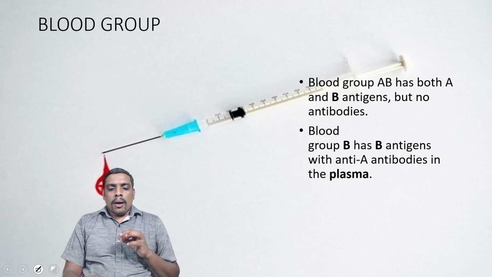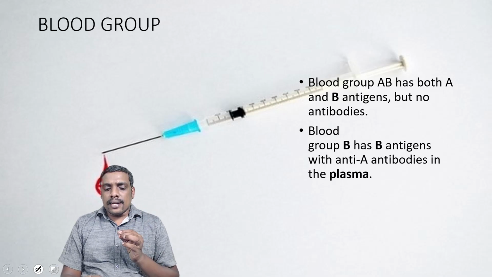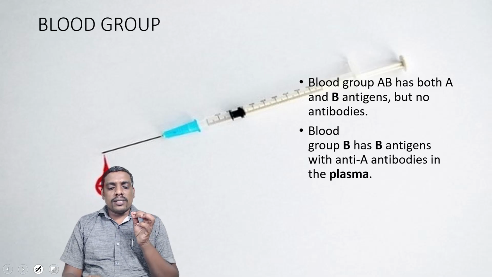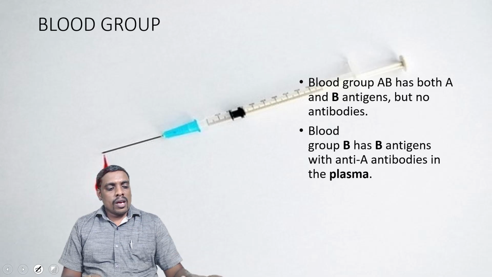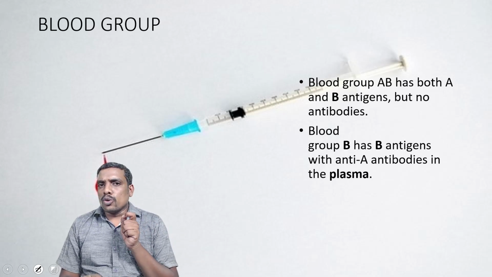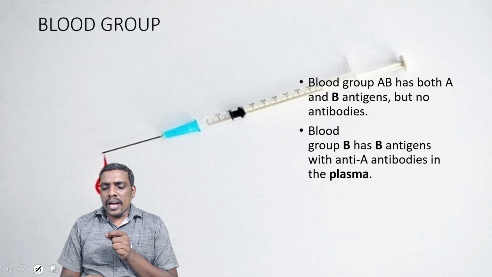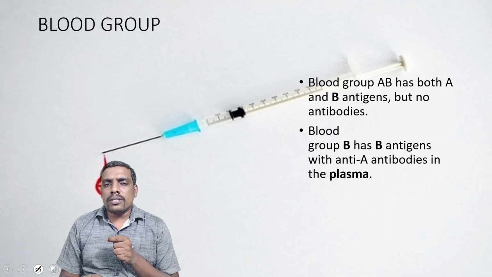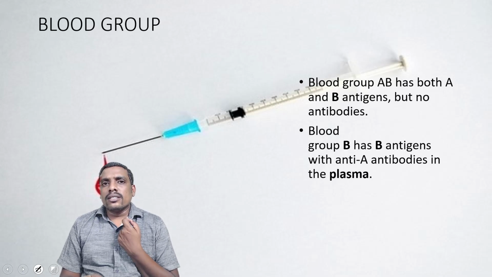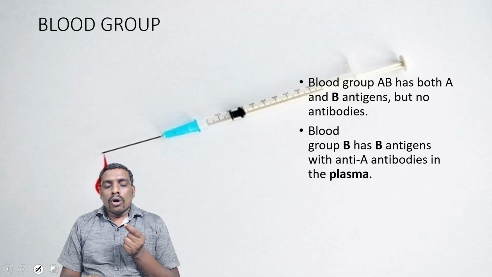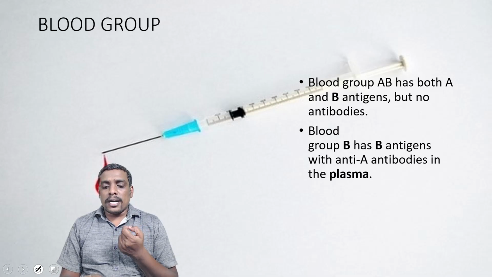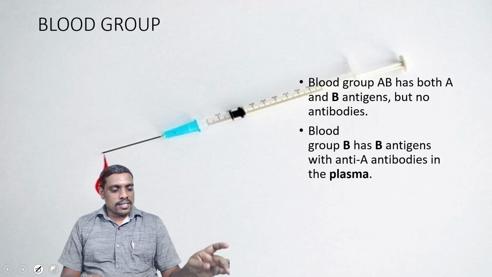Now, blood group B has B antigens in the RBC and antibodies A in the plasma. So a B group blood person can receive the blood from O, isn't it?